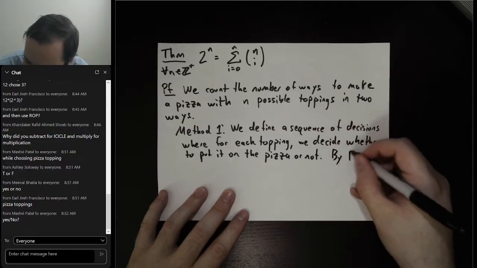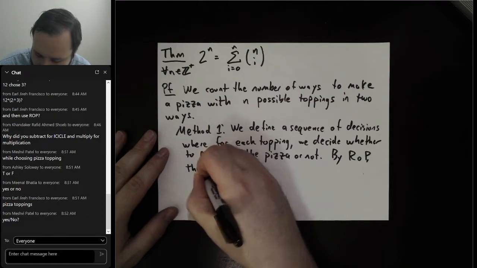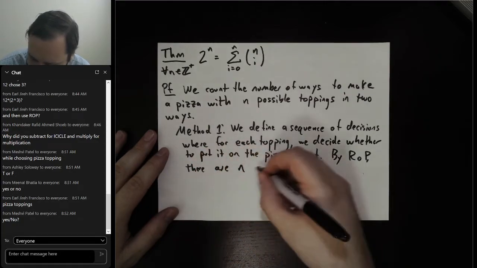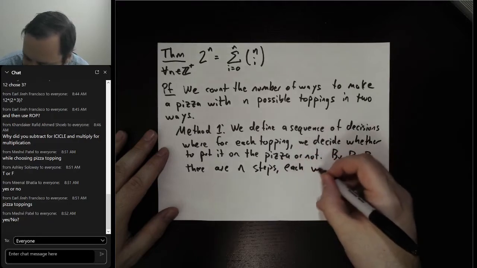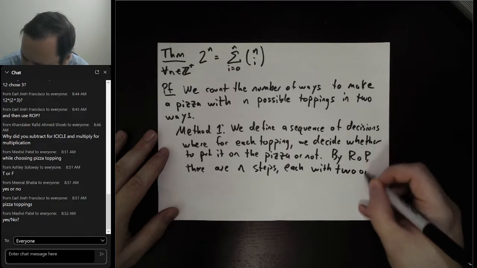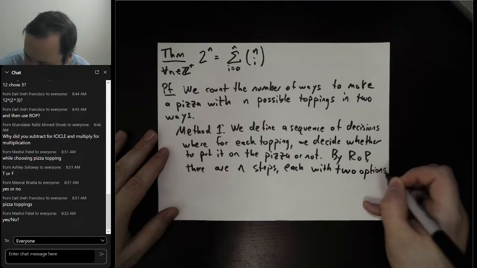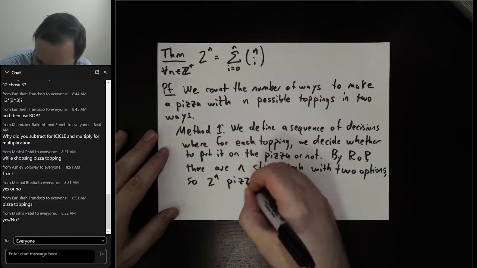By the rule of product, there are n steps, each with 2 options. So 2 to the n pizzas.